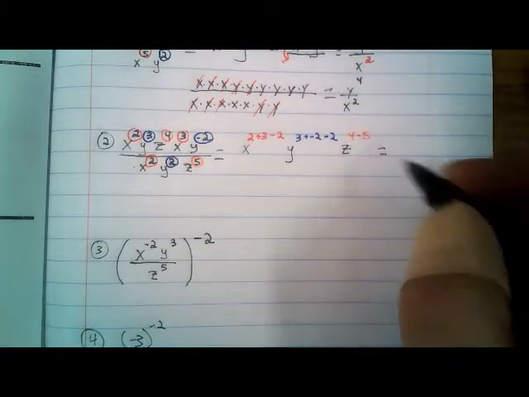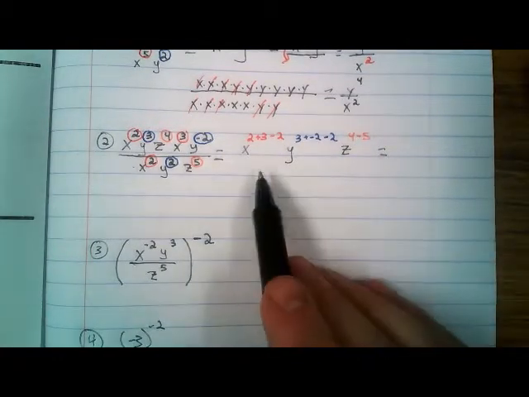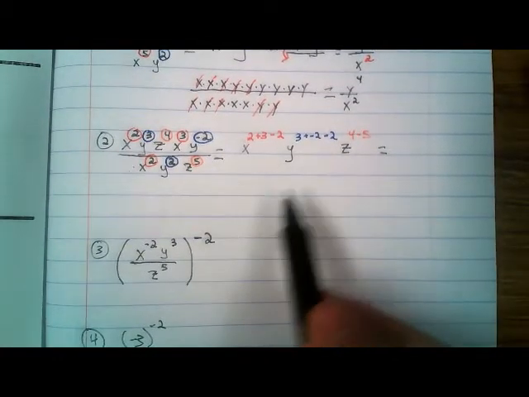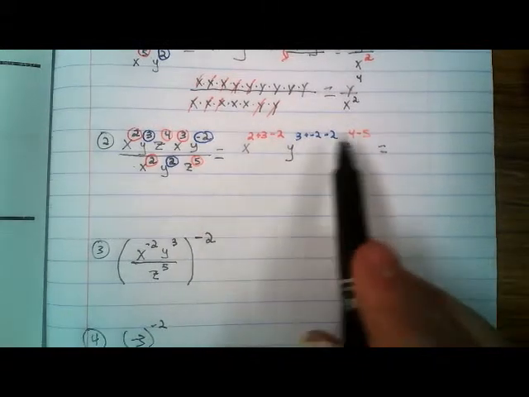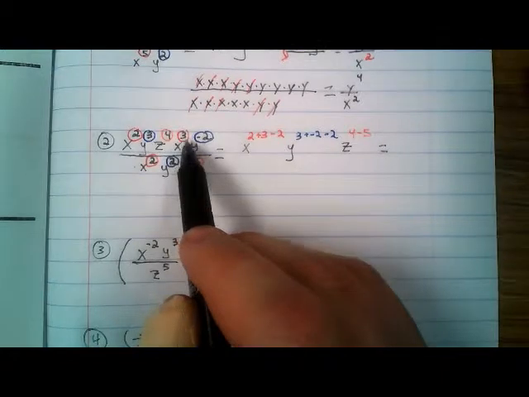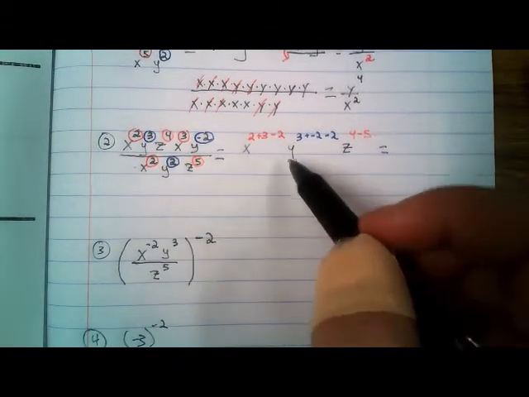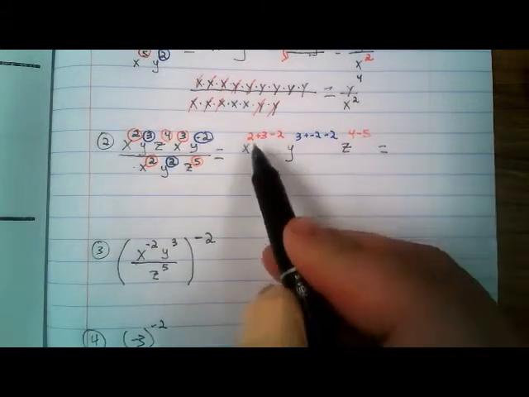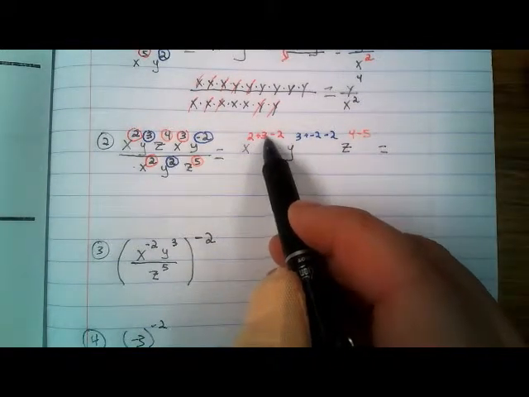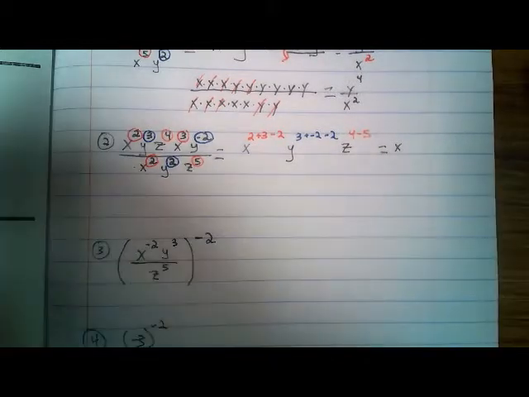So when I do my math out and I add these together, again, once you start doing this more frequently, you're going to be able to do this right in your head, right? You're going to say, oh, this is x to the 2nd, x to the 3rd, well, that's x to the 5th. Subtract your 2 from this, so it must be x cubed, right? Well, same thing here. 2 plus 3 is 5. Minus 2 gives you 3.